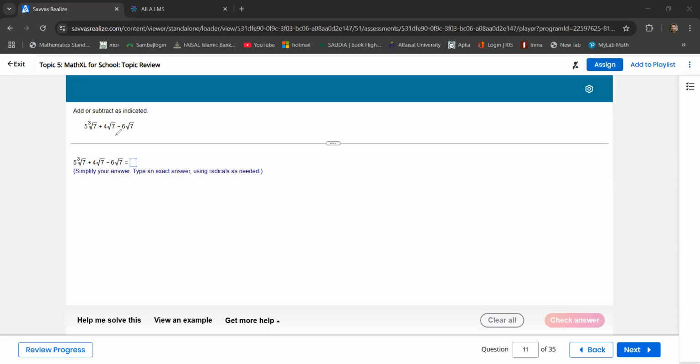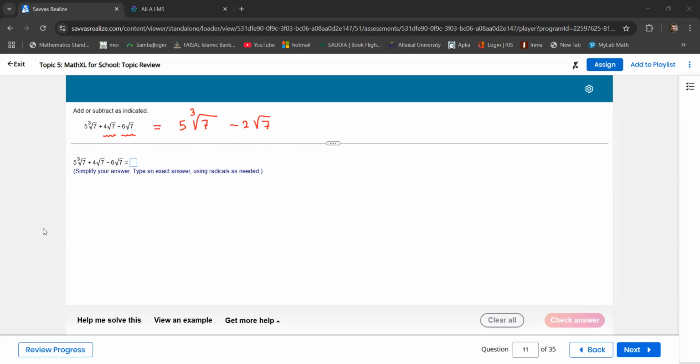We call them like radicals because this is a number root 7 and another number root 7. So we will keep 5 cubic root 7 the same. And 4 root 7 minus 6 root 7 is like 4 minus 6, so this will be negative 2 root 7. And that's it. We cannot do anything else.